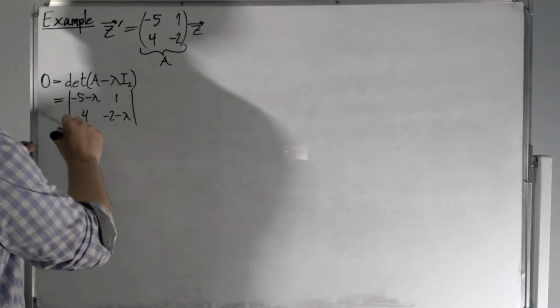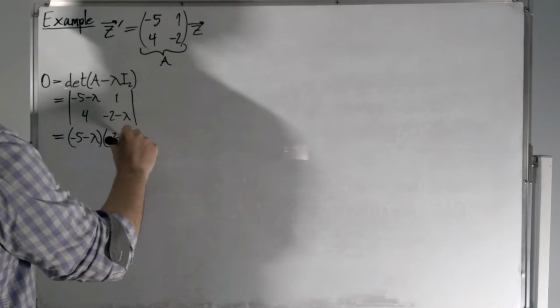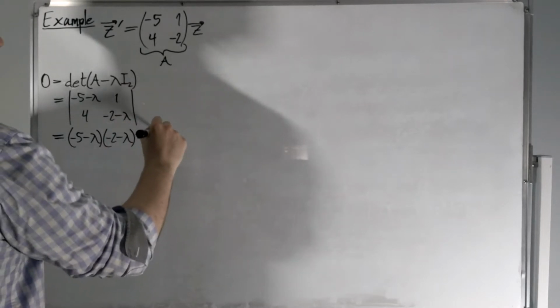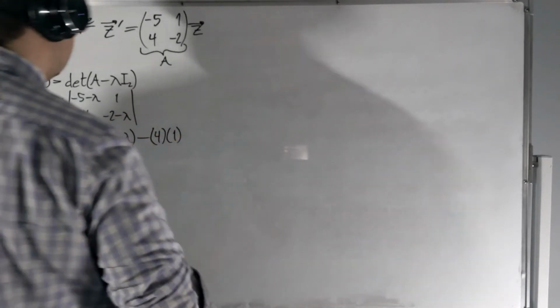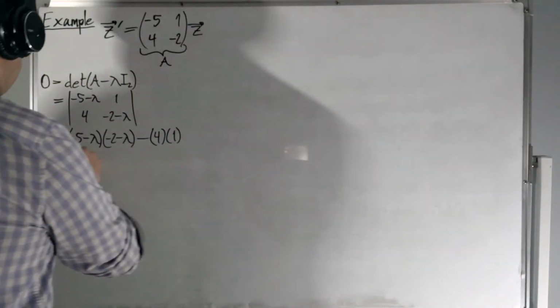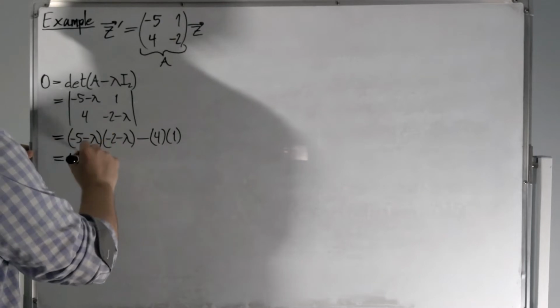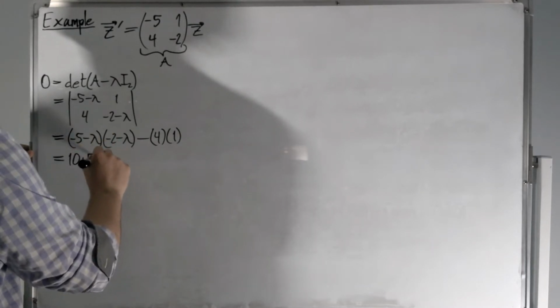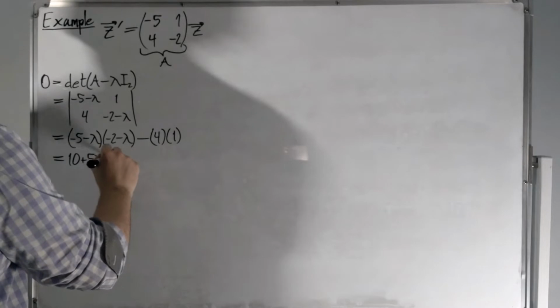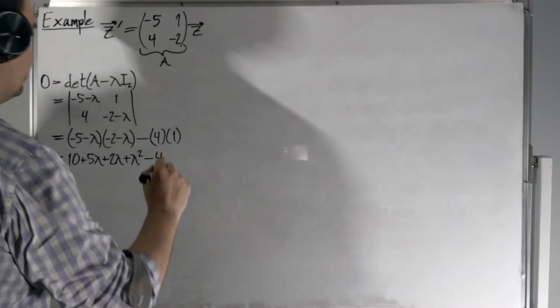You multiply through, you get -5 minus lambda times -2 minus lambda minus 4 times 1. Then this becomes 10 plus 5 lambda plus 2 lambda plus lambda squared minus 4.